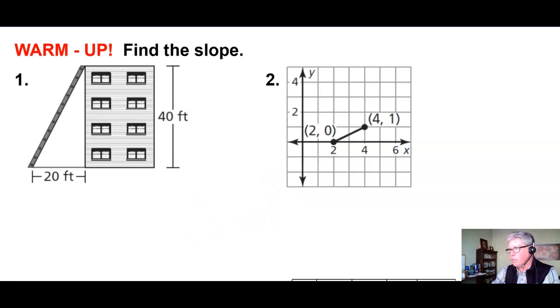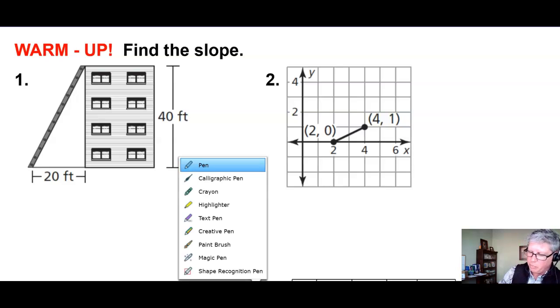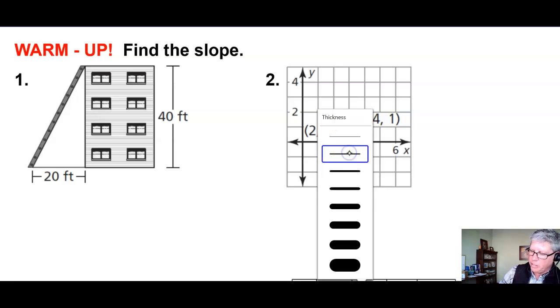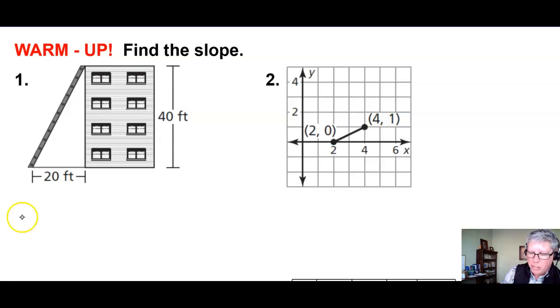Hey, I like these warm-ups. So we're going to do one or two of these real quick. A slope, the slope, the slope, slippery slope. Let's get a little thinner. There we go. Hey, slope is rise over run. Okay, the difference of y's over the difference of x's. So y2 minus y1 over x2 minus x1.